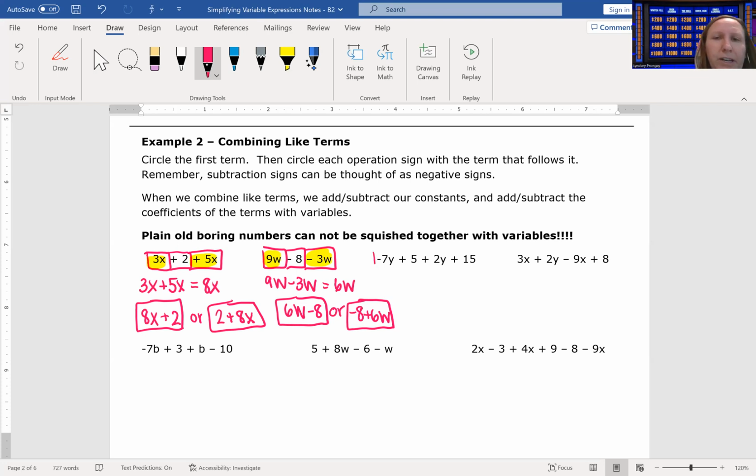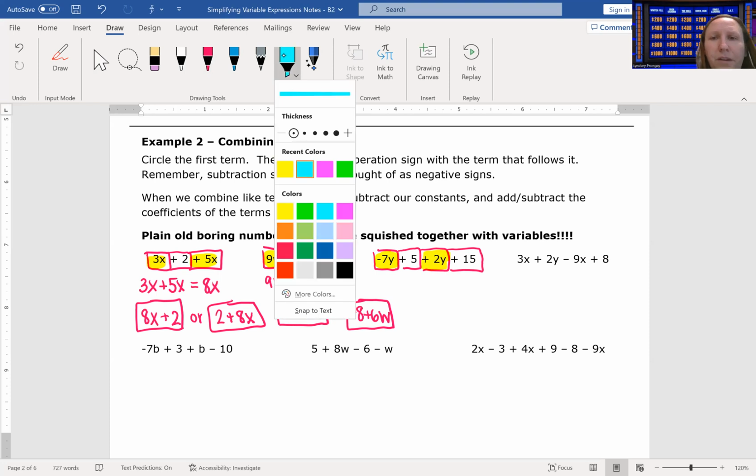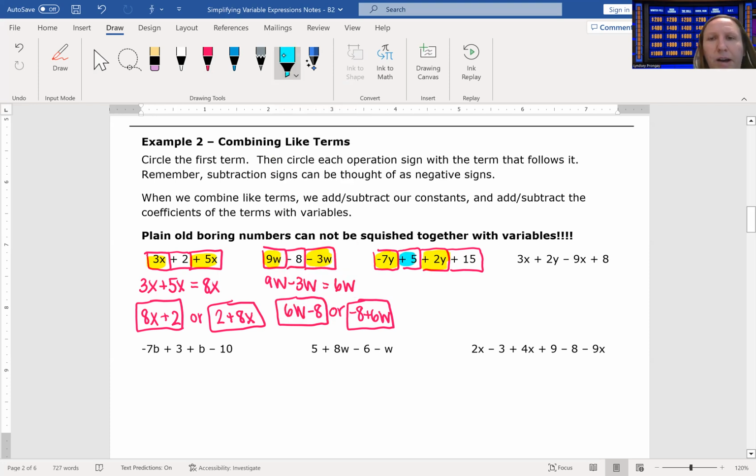The next one, we have negative 7y plus 5 plus 2y and plus 15. Here, I'm allowed to put together my negative 7y and my positive 2y. And I can also do a positive 5 and a positive 15.